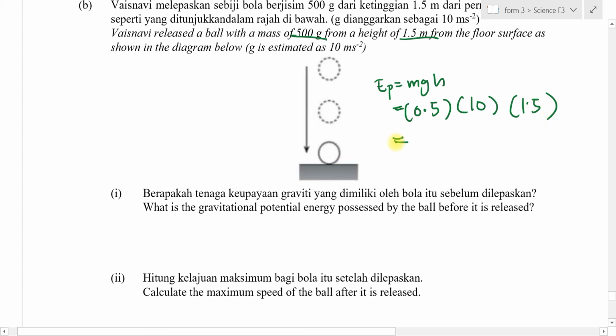When you evaluate this, I am getting 7.5 joule.